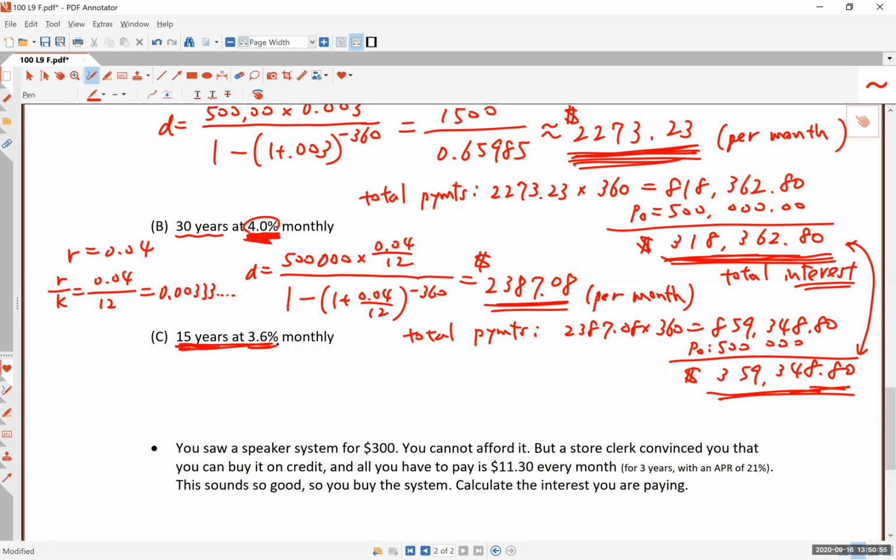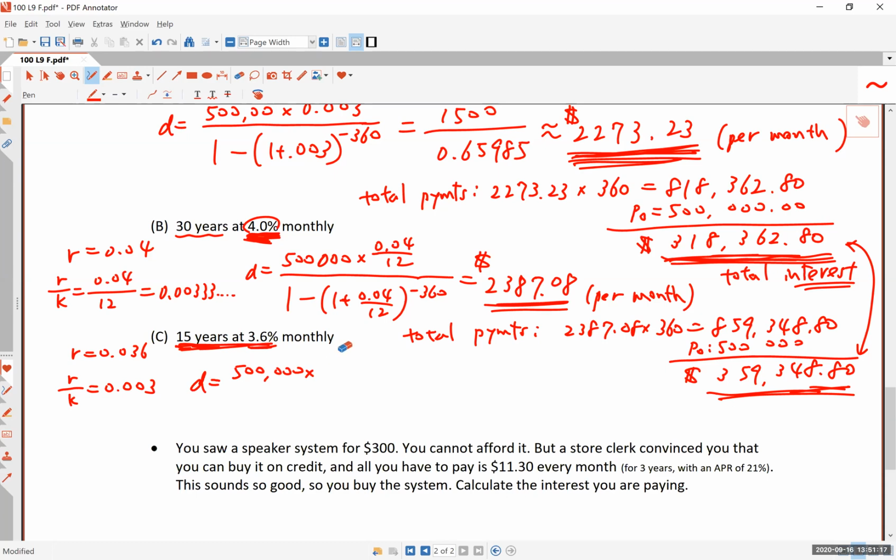At this good rate of 3.6%, now remember, in this case R is 0.036, and like the first case, R over K is 0.003. So you can calculate this like before.